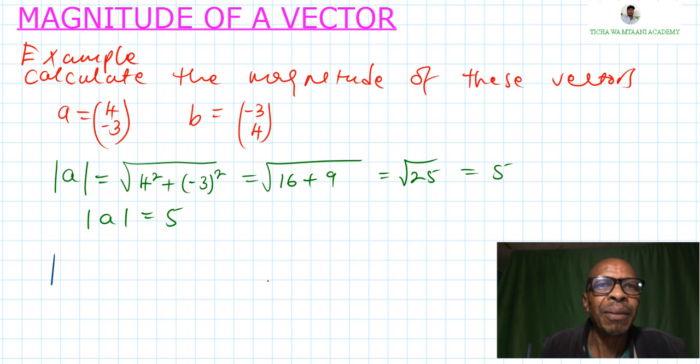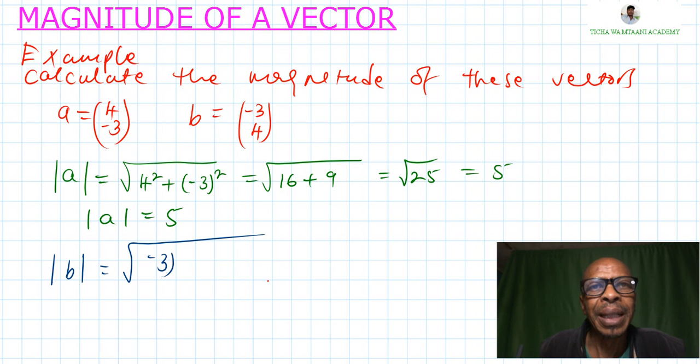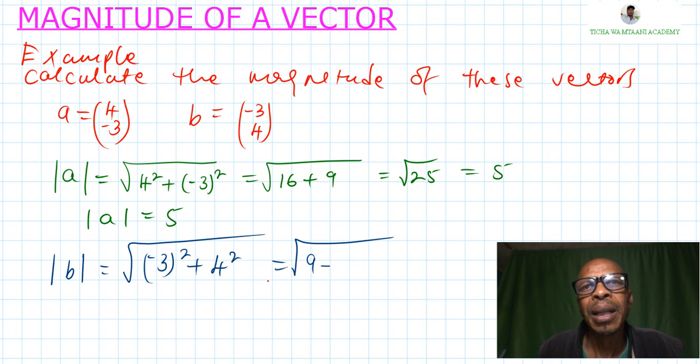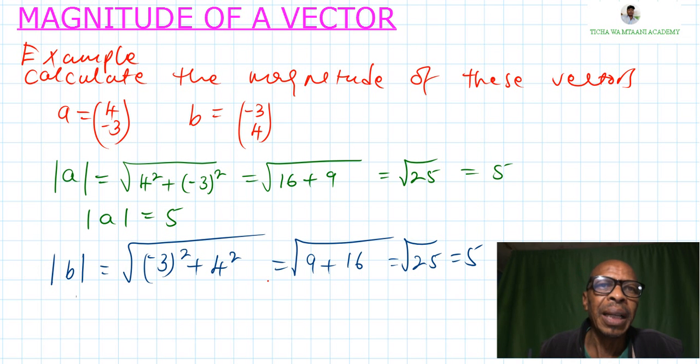The magnitude of B is equal to the square root of (-3) squared plus 4 squared, which is the square root of 9 plus 16. That gives the square root of 25, which is equal to 5, implying that the magnitude of B is equal to 5 units.